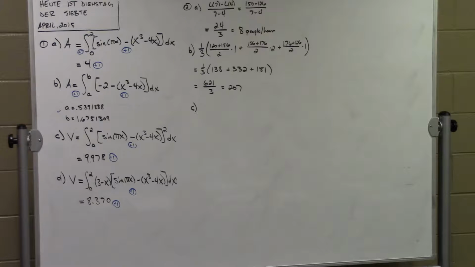Mean value has to do with slope, which makes me think of that one, but I don't think so. What's the other one? Intermediate value, which means it has to hit everything from there.